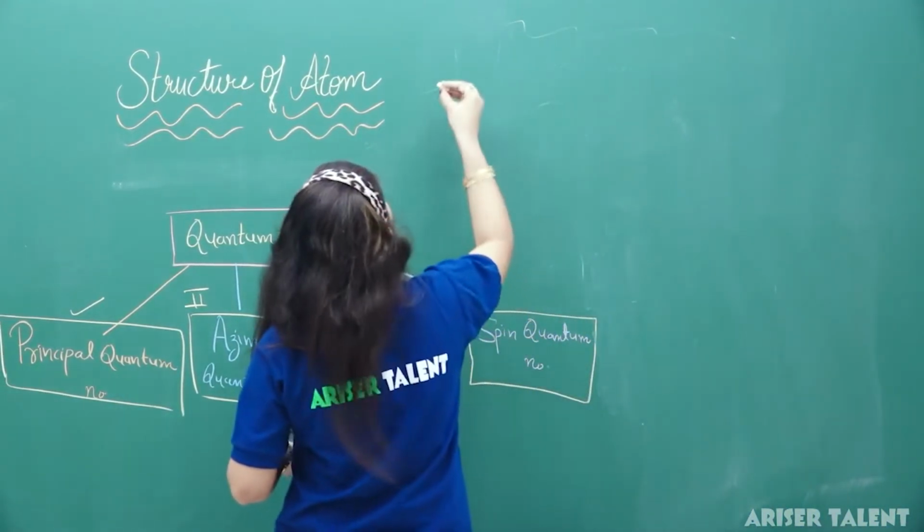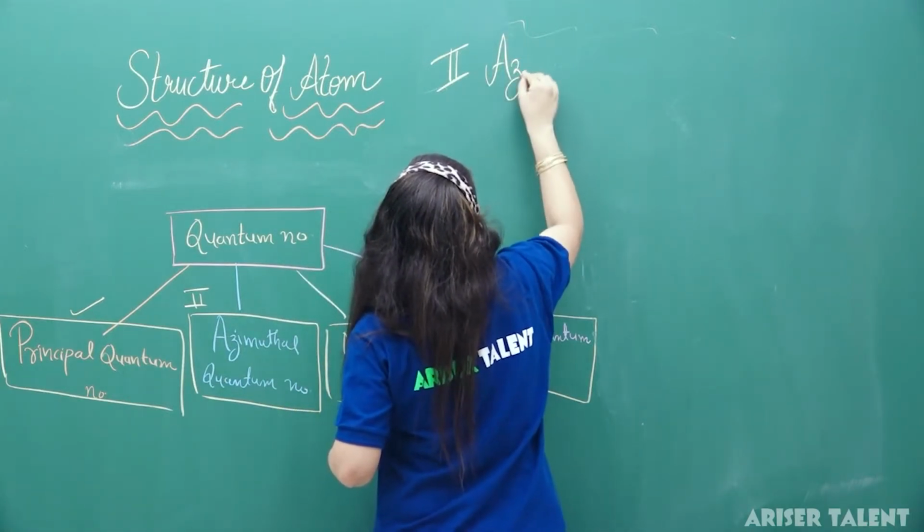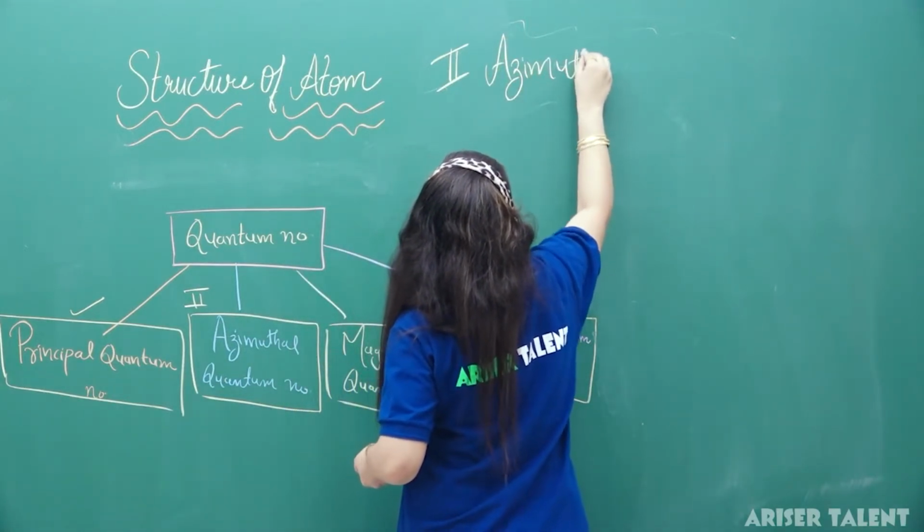So now discussing our second set of quantum numbers, we have the second category, that is azimuthal quantum number.